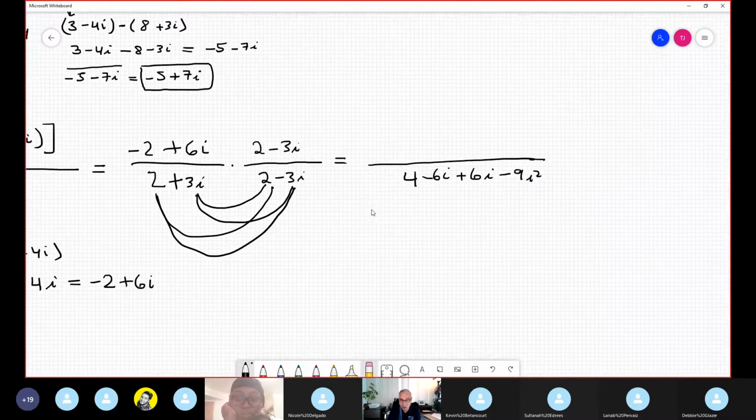As always happens, this cancels out that part. I know, okay, i squared is negative 1. Therefore, negative 1 and this negative 1 together become positive. Those are 4 plus 9, 13. And the answer of the bottom part is 13.